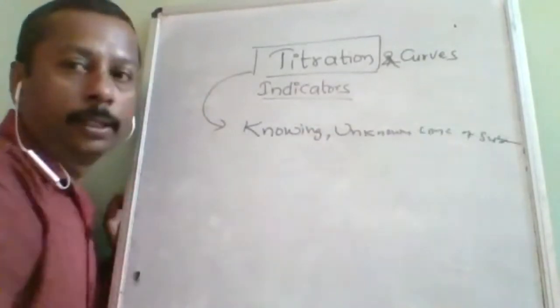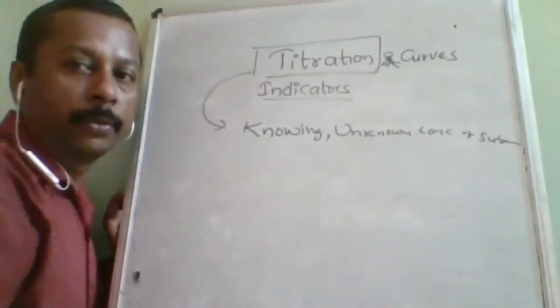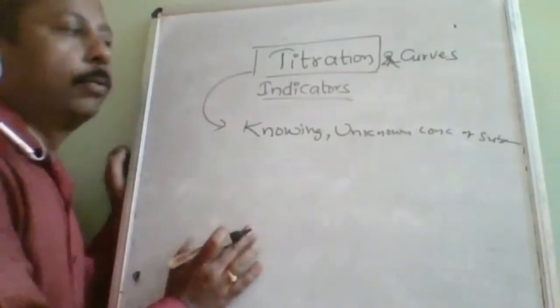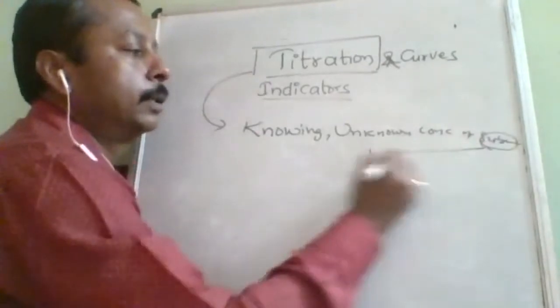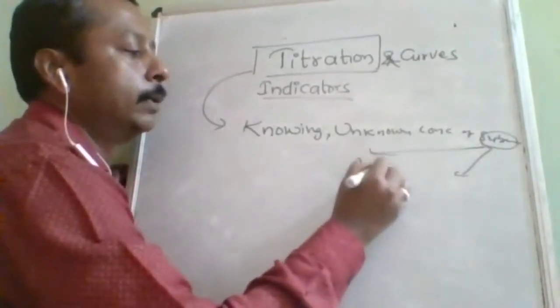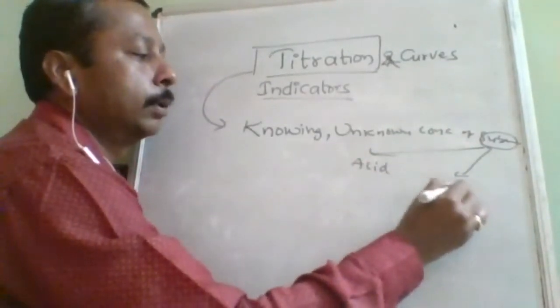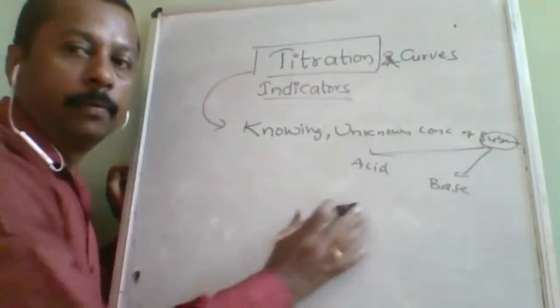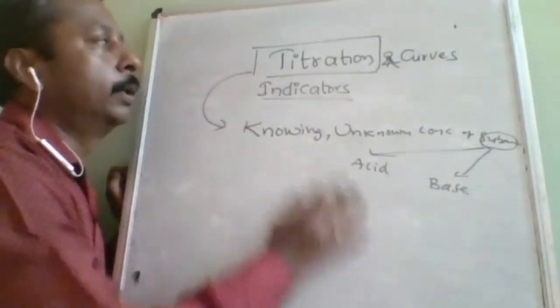Here I said substance, so that can be different types of substance, but in this chapter we are going to take a substance which is either an acid or a base. Then only we will be able to find it out.